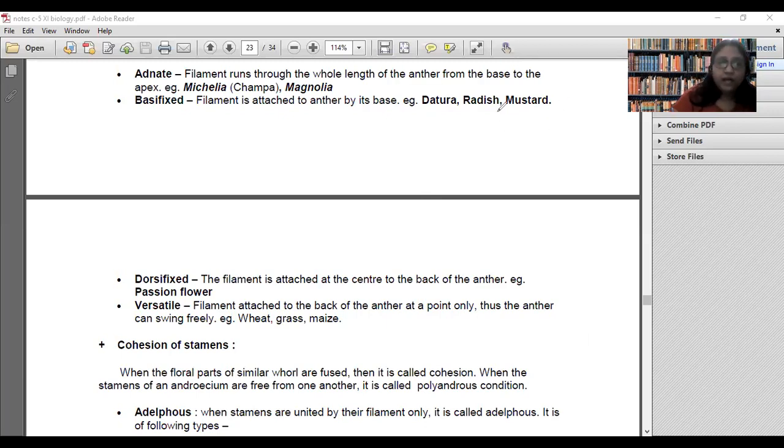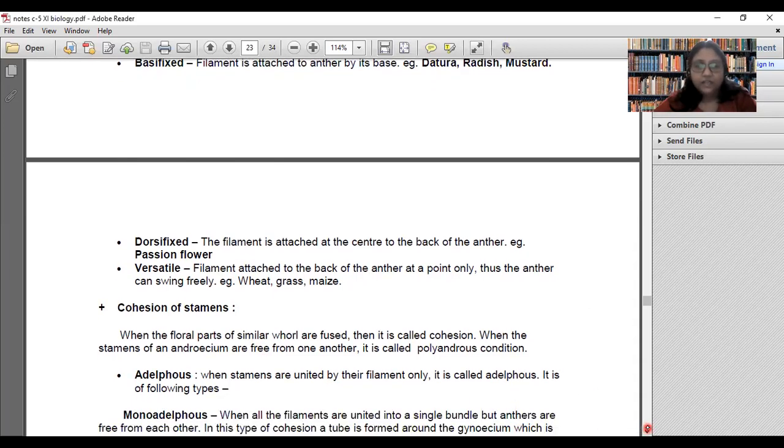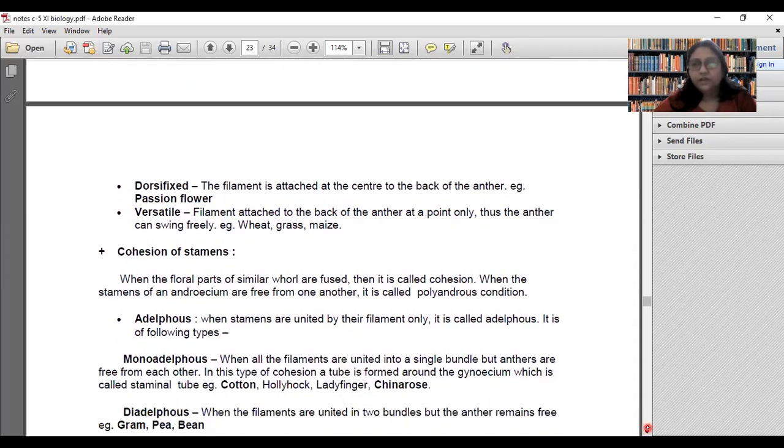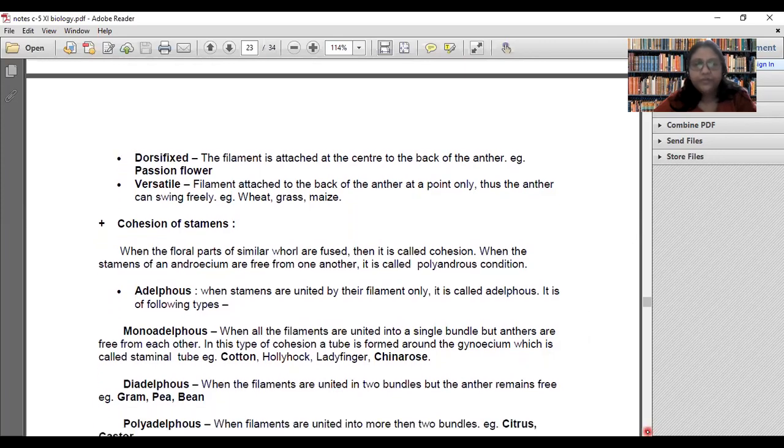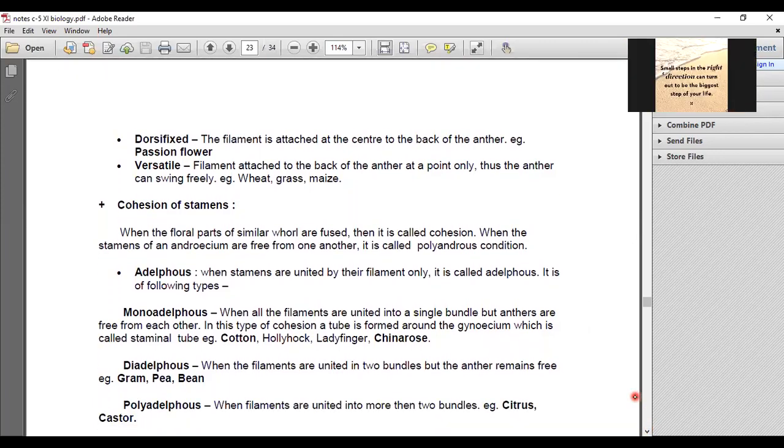Now, I wish to talk about these two terminologies, which are known as cohesion and adhesion. Co means what? Colleague, co-workers, co-students. People who are similar.